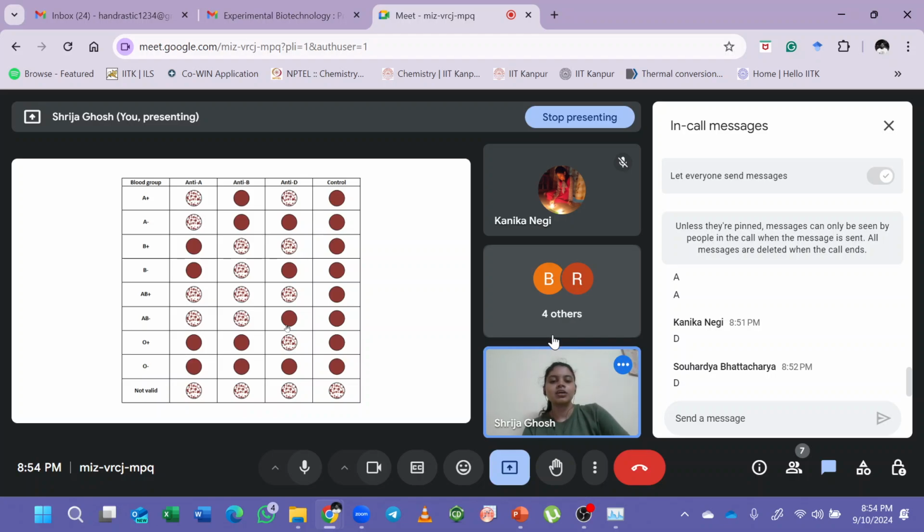It's a very common test and it can be done in any small laboratory. It's interesting to see the blood clotting, forming clumps, and you can actually check your blood group. Okay, so that is blood typing.